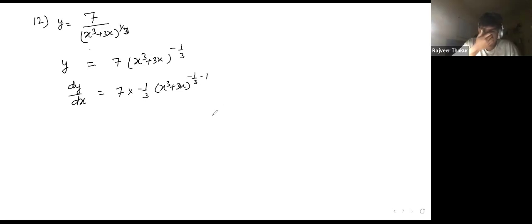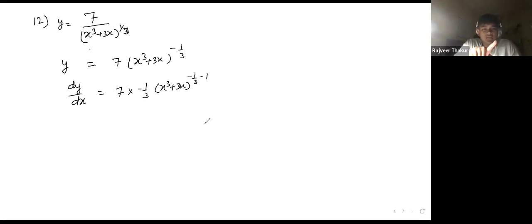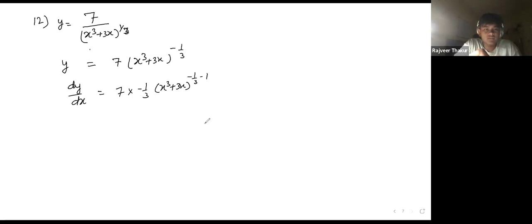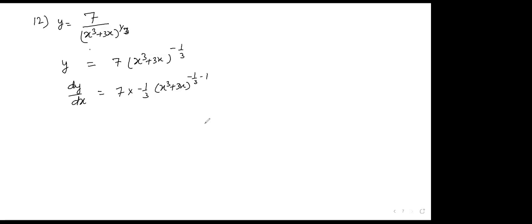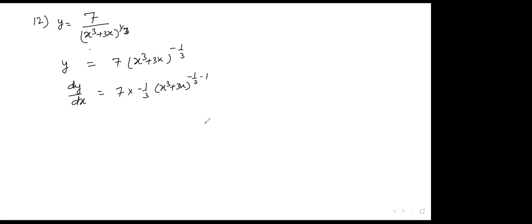I have one question. I just want to make sure, to make it 7 times x cubed plus 3x to the power negative 1 over 3, we just multiplied it by 7, right? See, 1 over x cube plus 3x to the power 1 over 3 can be written as x cube plus 3x to the power negative 1 over 3. So 7 times 1 upon this function. 7 is as it is.